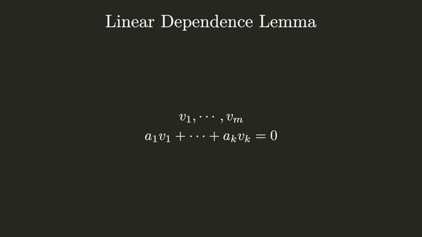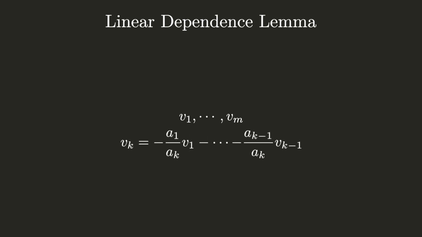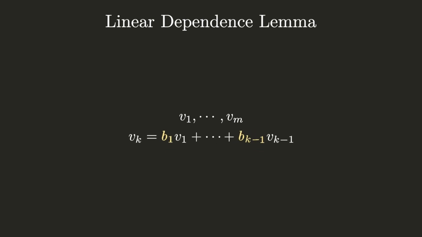Now, because ak is non-zero, we can rearrange the terms to represent vk as a linear combination of the other terms. Since we don't care about the actual values of the coefficients, we can replace them by b1 through bk-1 to make things cleaner. So now we have vk written as a linear combination of the other vectors.